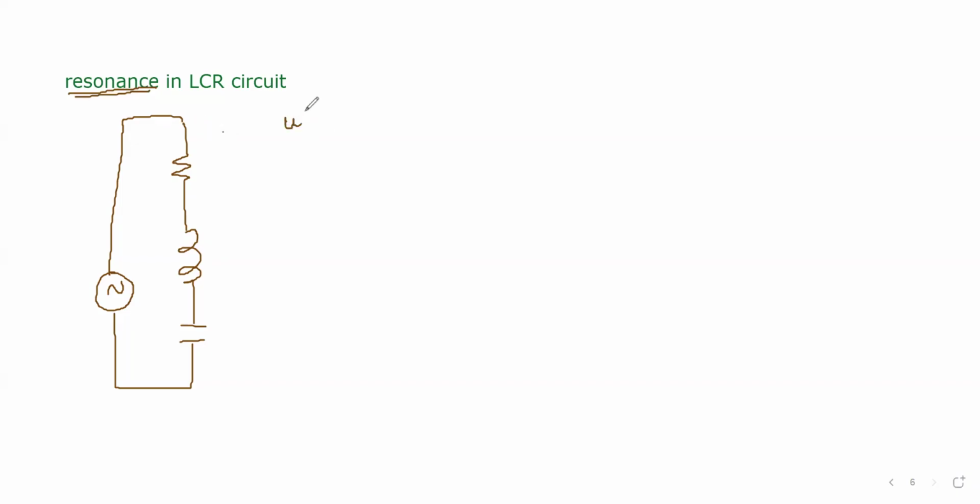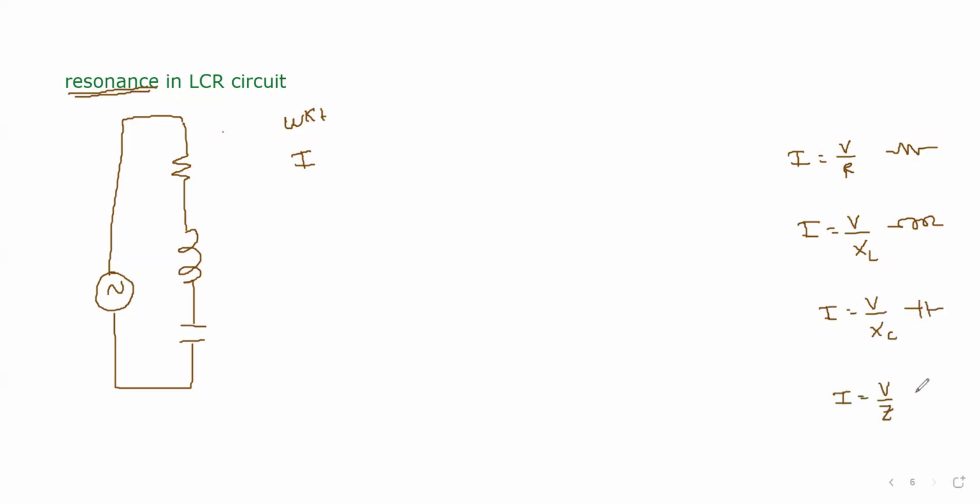So we know that in the case of LCR, what is current? Actually, current I is equal to V by R in the case of resistor. Current I is equal to V by XL in the case of inductor. Current I is equal to V by XC in the case of capacitor. Current I is equal to V by Z in the case of resistor, capacitor, and inductor.